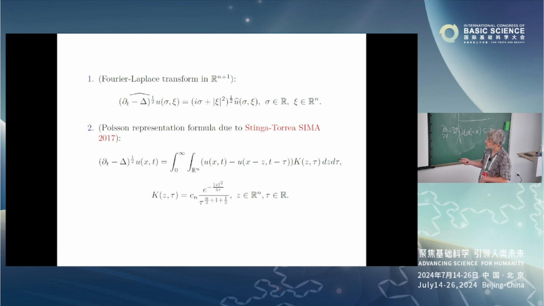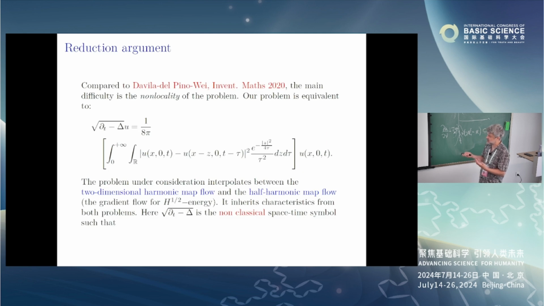But my whole point here is that what is crucial for our construction of the blow-up is the fact that somehow the problem reduces to that. And this is something which is closer to what people looked at before, except that, of course, you have to deal with all these non-local terms.